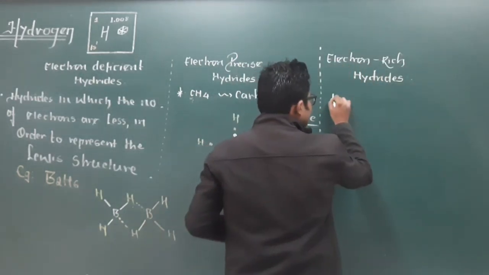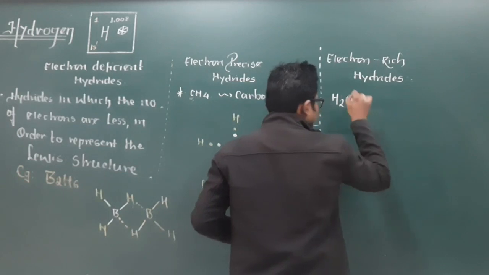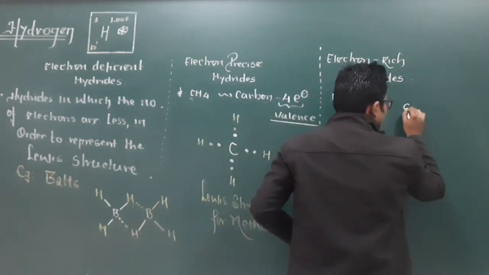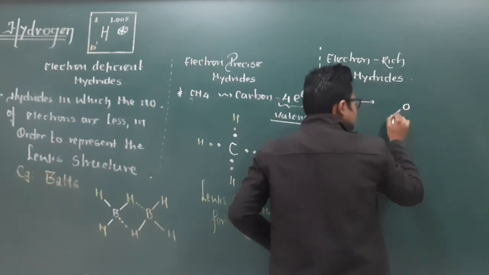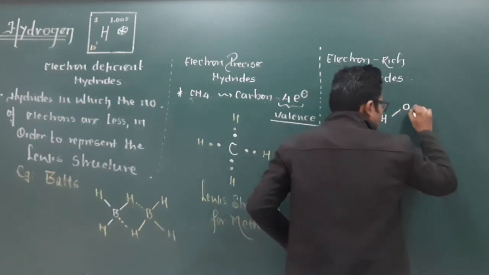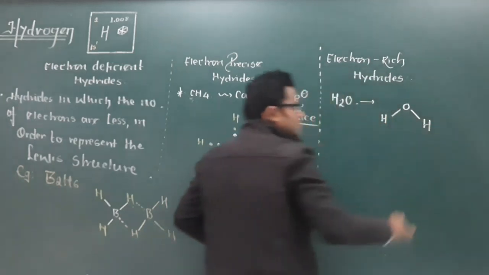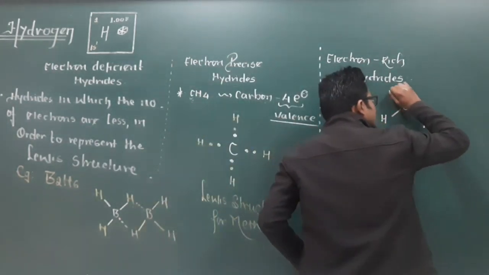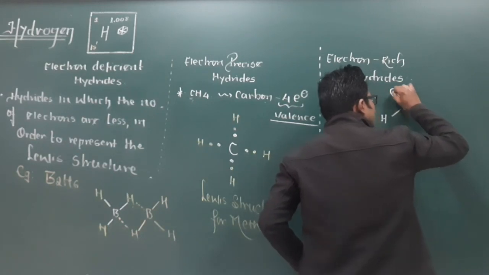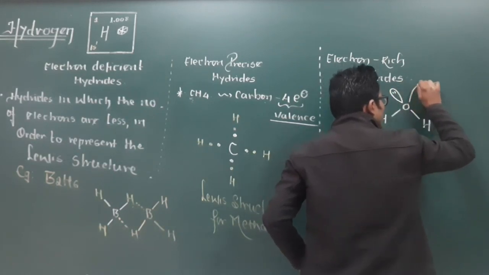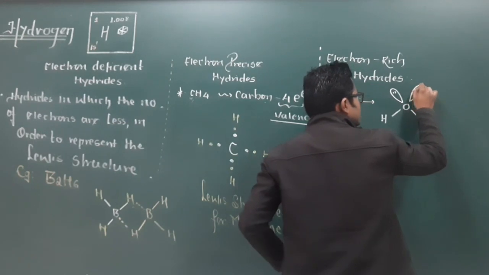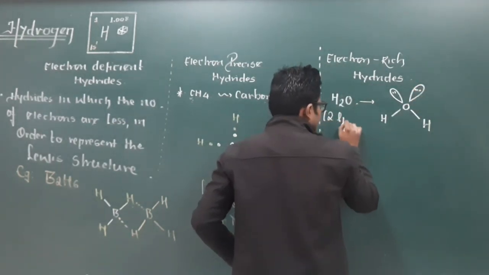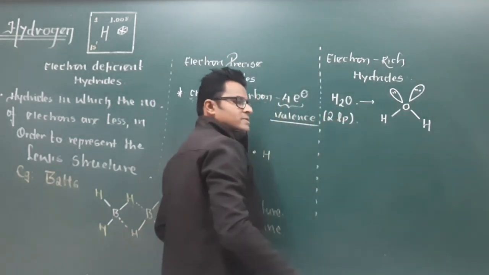If I take the example of H2O, water, here oxygen forms the central atom with 2 hydrogens. And here, this oxygen has 2 lone pairs of electrons. So the number of lone pairs is 2 in this particular case.